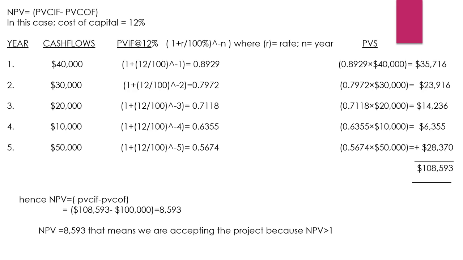In this case, R stands for the rate and n stands for the year. PV is the present value of the cash flow. So in year 1, the cash flow we are given is $40,000.